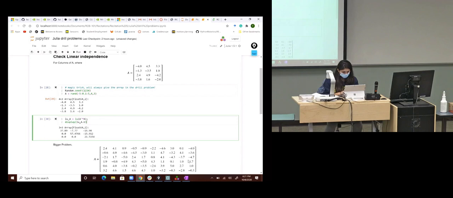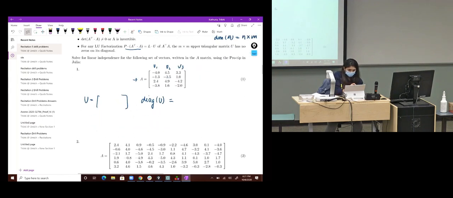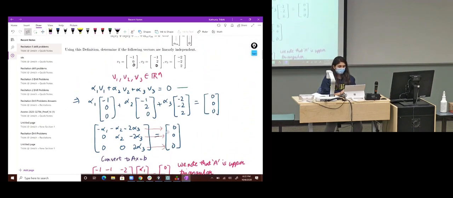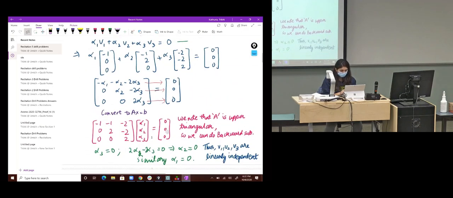And so we can report over here that the columns of A are linearly independent, which is so much easier than having to go through this one by one.